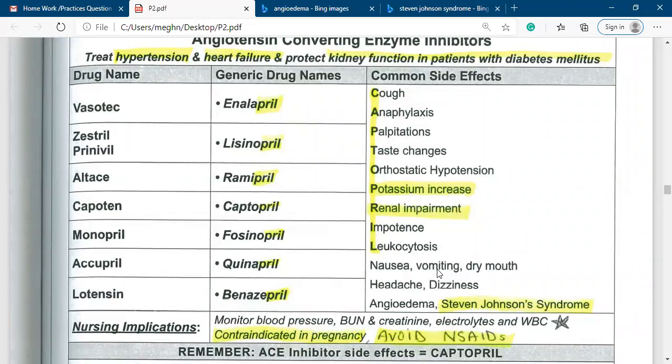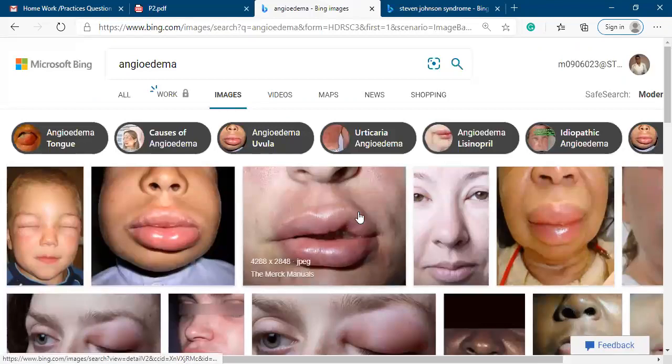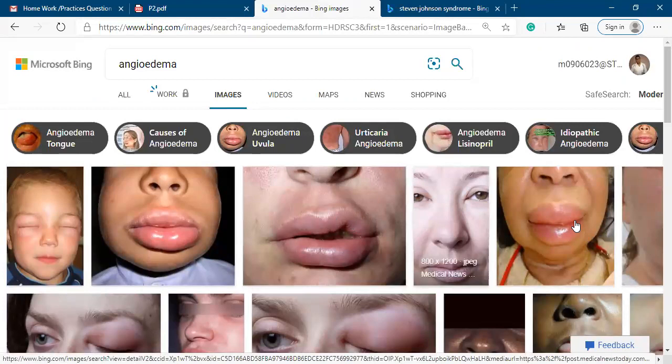The most frequently asked NCLEX board question: what are the side effects of this group of medication like lisinopril, ramipril, captopril, or benazepril? They cause angioedema. What is angioedema? You see the picture, the swelling of the lips.